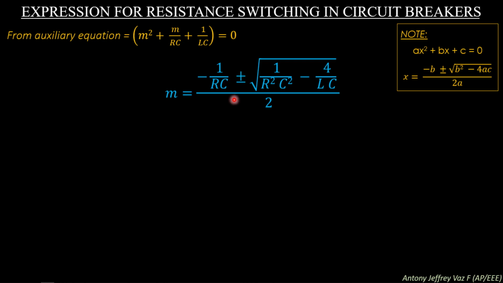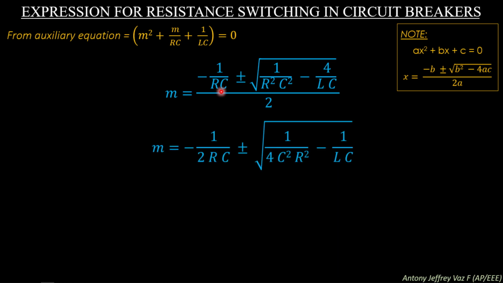Since we are taking the roots from the auxiliary equation, we will have two roots. For simplification, m is equal to minus 1 by 2RC plus or minus square root of 1 by 4C square R square minus 1 by LC.